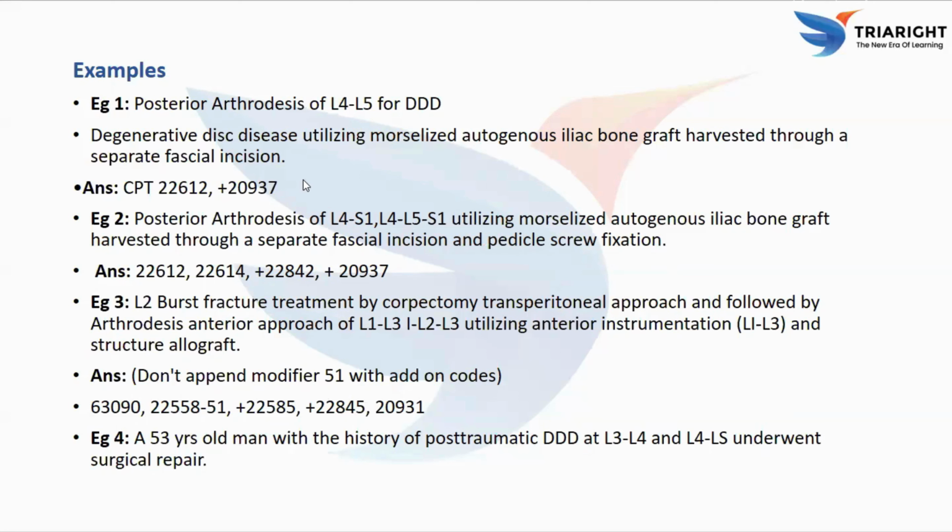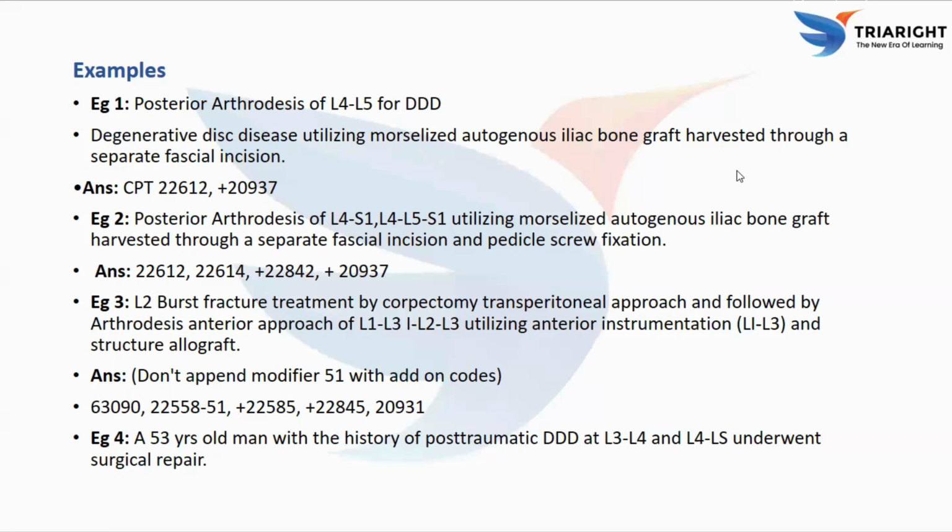And here is an example for spinal instrumentation. So what is the first example? Posterior arthrodesis of L4 to L5 for degenerative disc disease, DDD, using morselized autogenous iliac bone graft harvested through a separate fascial incision. So what is the coding logic here? L4 to L5 is a single spinal level.